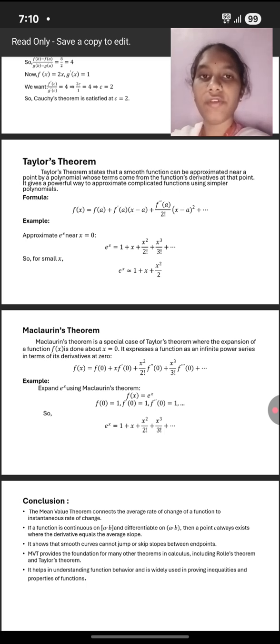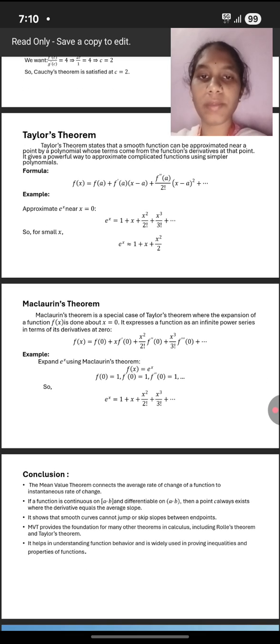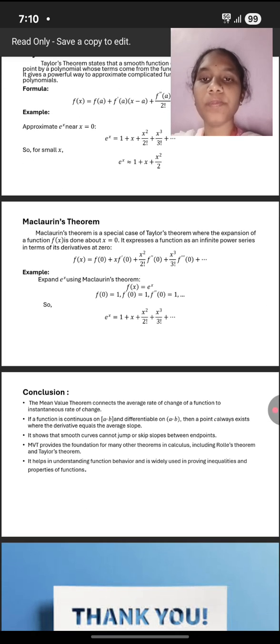Formula: f(x) = f(a) + f'(a)(x - a) + f''(a)/2! (x - a)^2. Example: approximate e^x near x = 0. e^x = 1 + x + x^2/2! + x^3/3!. So for small x, e^x is approximately 1 + x.